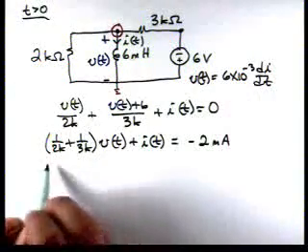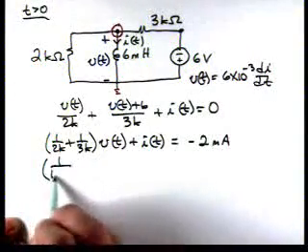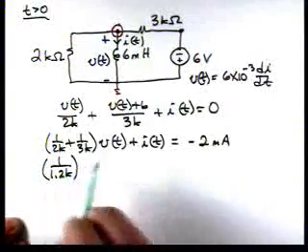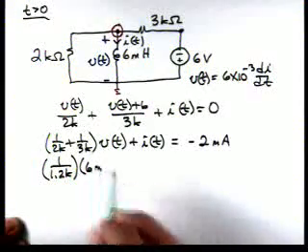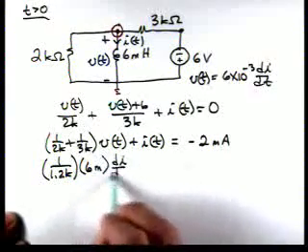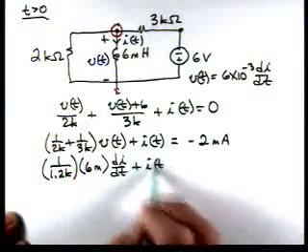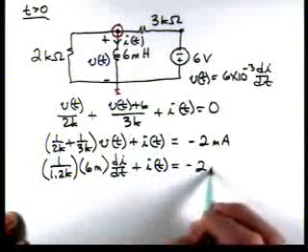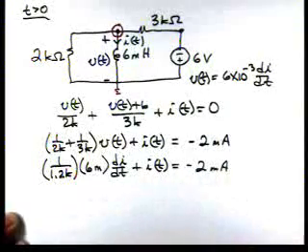So now let's substitute that in for here. Okay, so we'll get 1 over 1.2K times 6 millihenries times di/dt plus i(t) is equal to minus 2 milliamps.